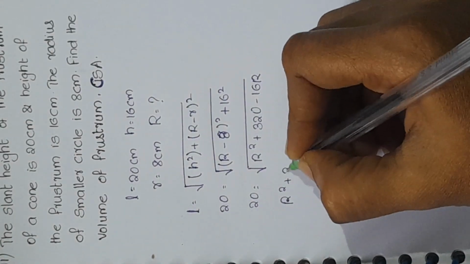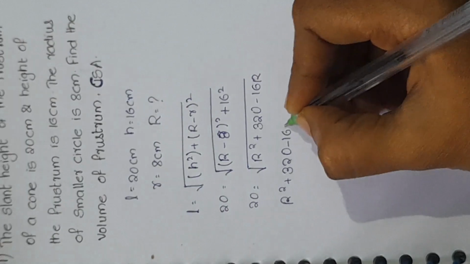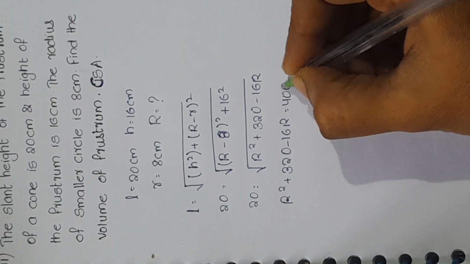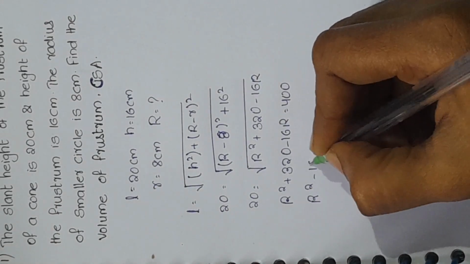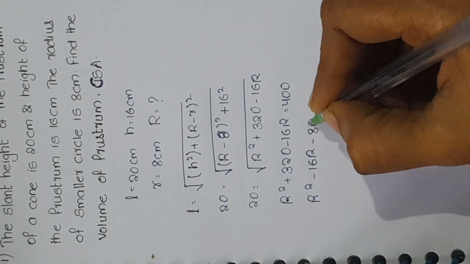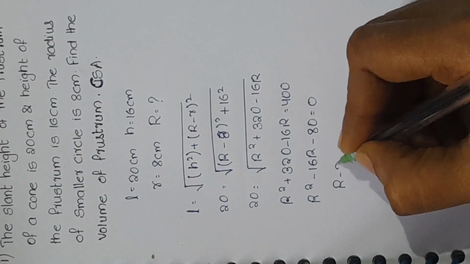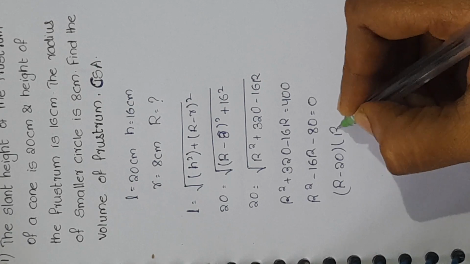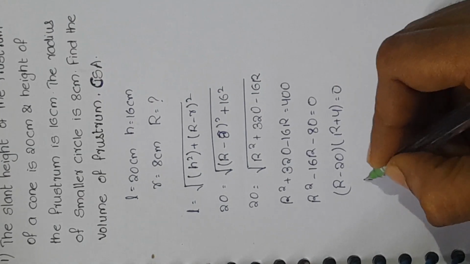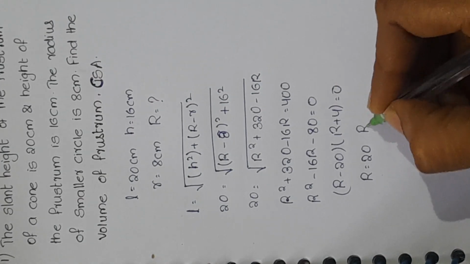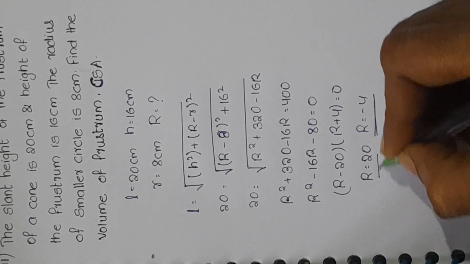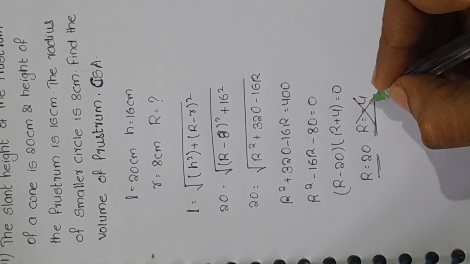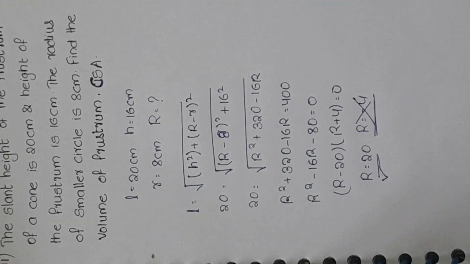So R square plus 320 minus 16R is equal to 400. R square minus 16R minus 80 is equal to 0, or (R minus 20) into (R plus 4) is equal to 0. R is equal to 20 and R is equal to minus 4 are the two values we get. But this is impossible. The radius can't be negative. So R is equal to 20.